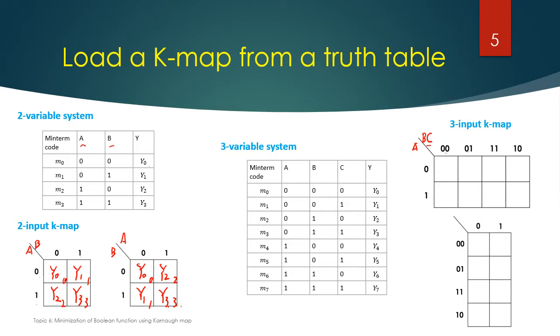For example, the first value is 0, 0, the second is 0, 1, so only the LSB is different, the MSB is the same. So that's called only 1 bit is different. Then if we compare 0, 1 and 1, 0, the MSB is different, and the LSB is also different.